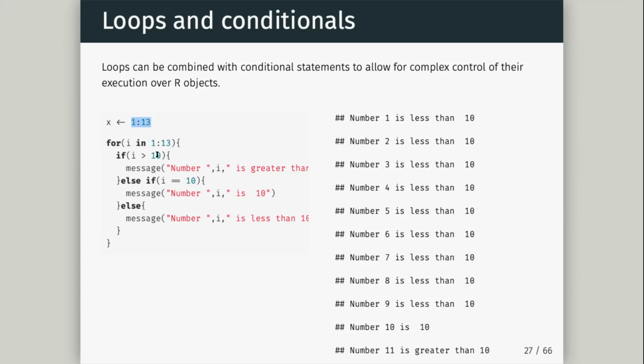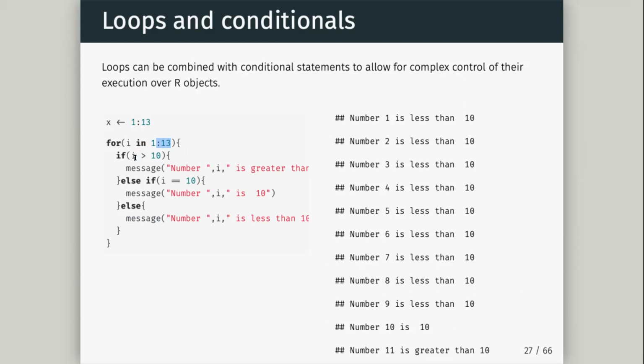As I go through the first time, tell me whether or not I is greater than 10. If it is, print this. Else, if I is 10, print this. Else, do this. And then continue back through the loop. And it will just continue through the loop for every value of x, which is 1 to 13. So it doesn't quite fit on the page.